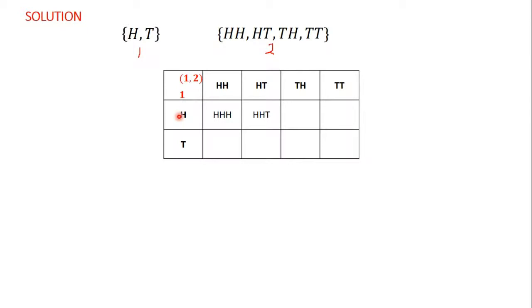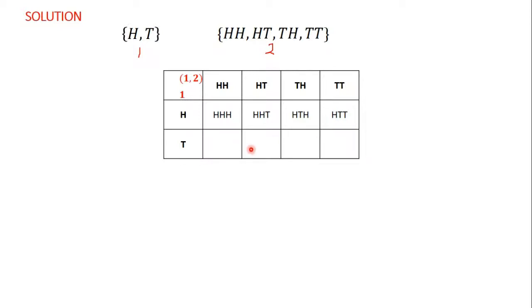Here we have a head here, we have a tail and a head here. So combining them, you have head, tail, head. Then finally, we have a head here, we have a tail and tail here. So you are going to have head, tail, tail.